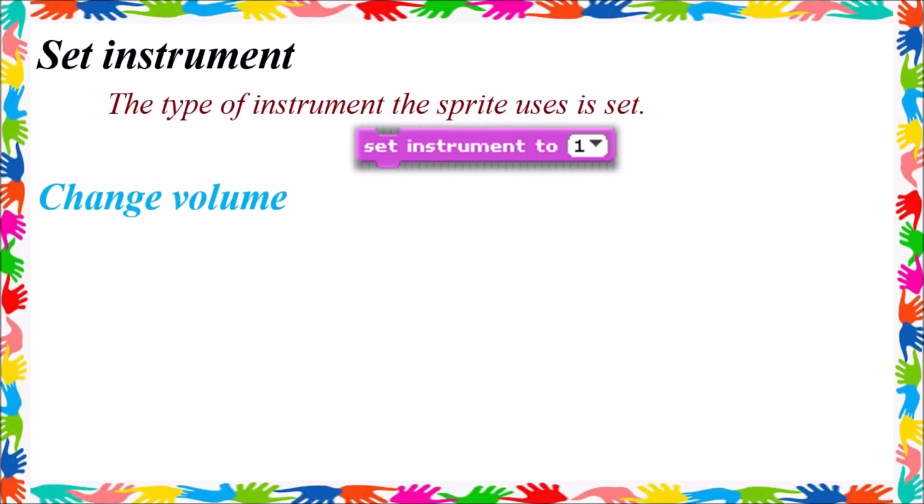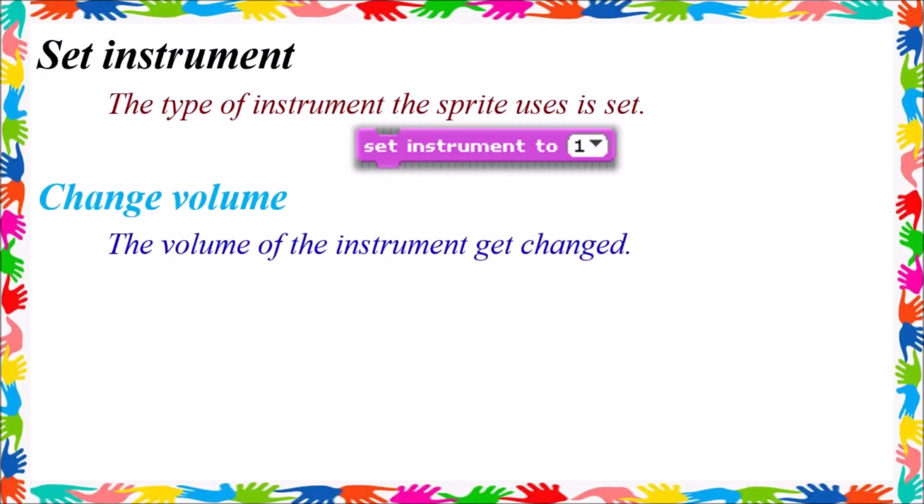If you want to increase or decrease the instrument volume, you use this change volume block in the sound blocks. The volume of the instrument gets changed. If you set 0, that means mute, and 100 means loud. So if you want to increase the sound from 0 to 100 by a specified value, you use the change volume block.